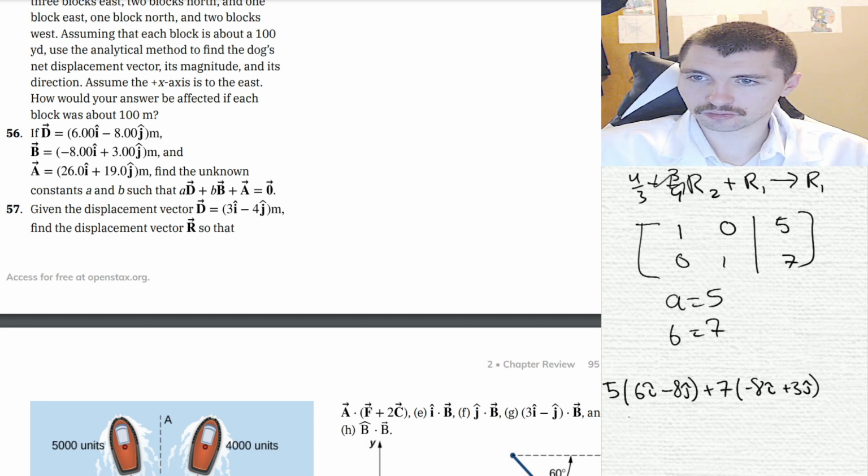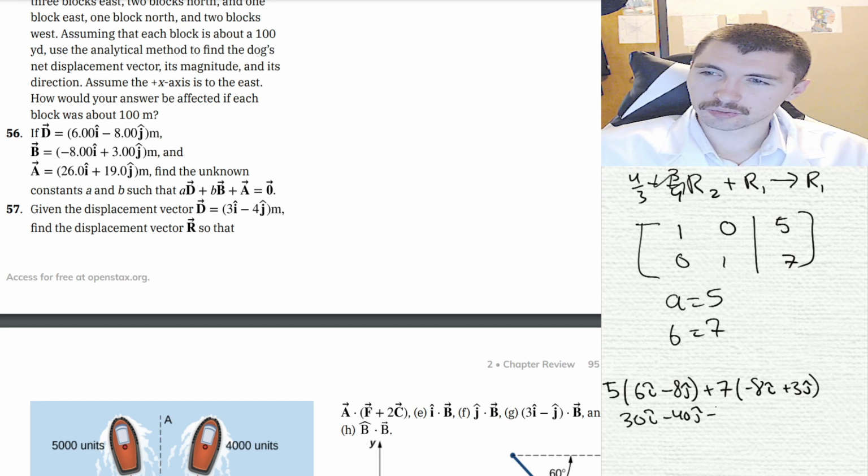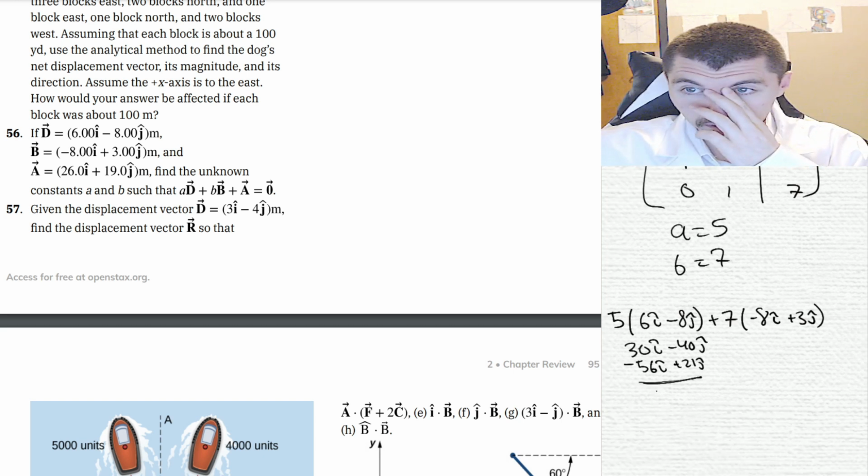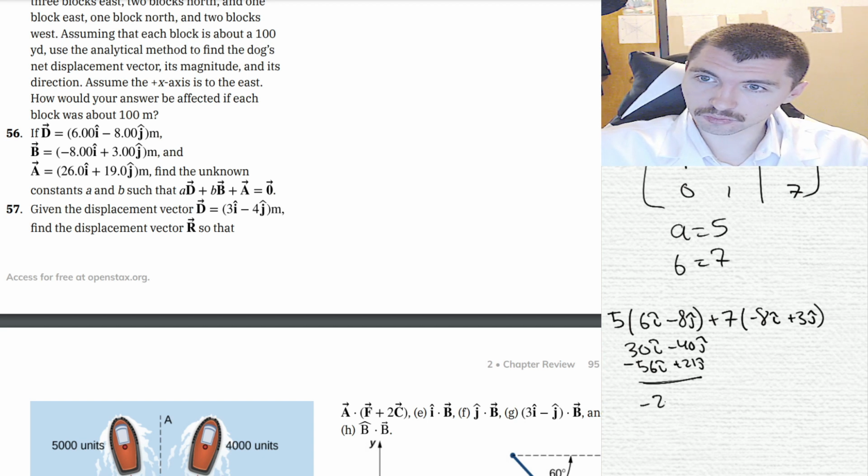So that is 30i minus 40j, plus negative 56i plus 21j, and negative 26i plus 19j, and that should be negative 19j.